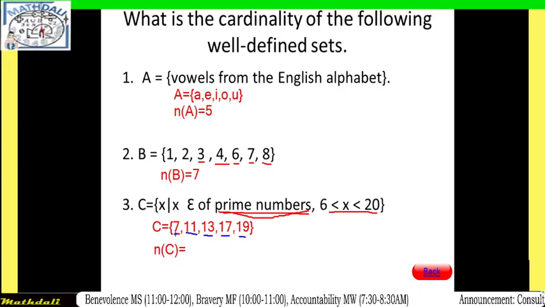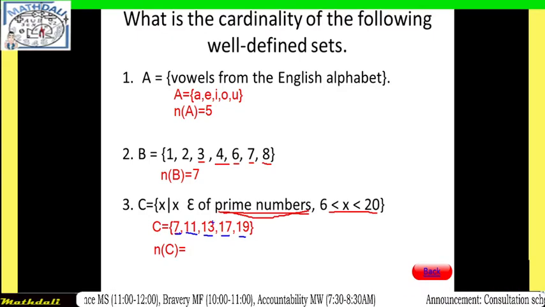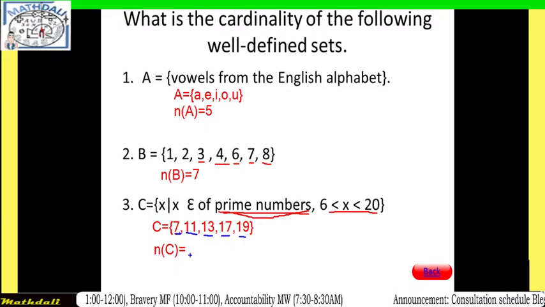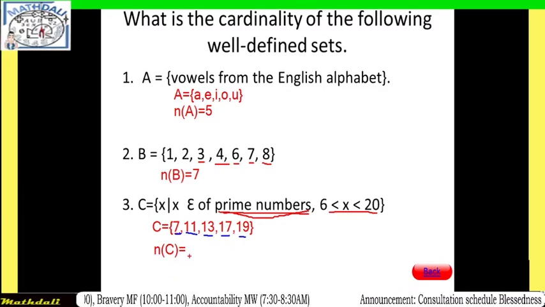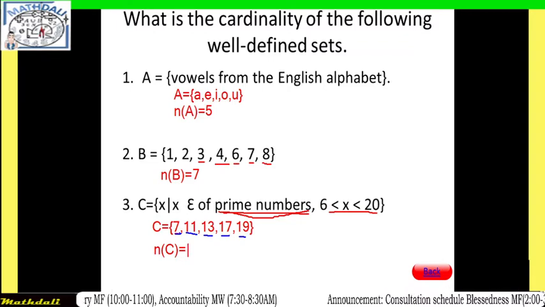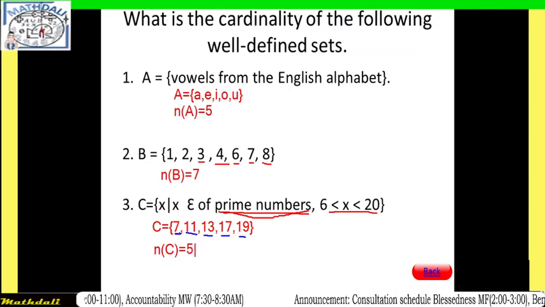So, meron tayong 5 elements. So, the cardinal number of set C will be equal to 5.